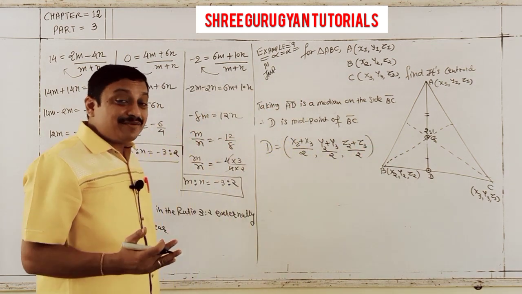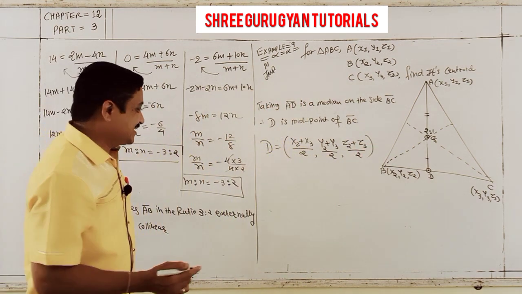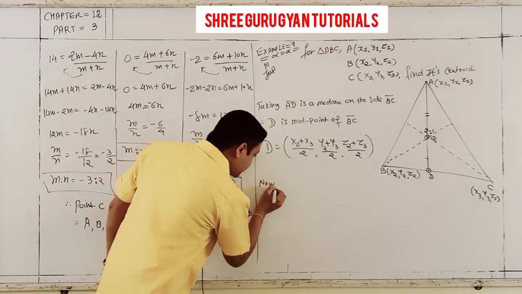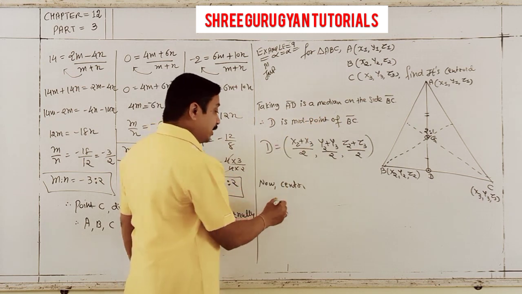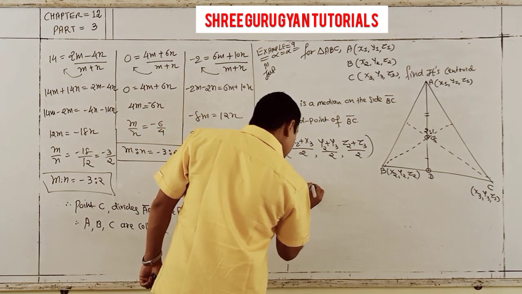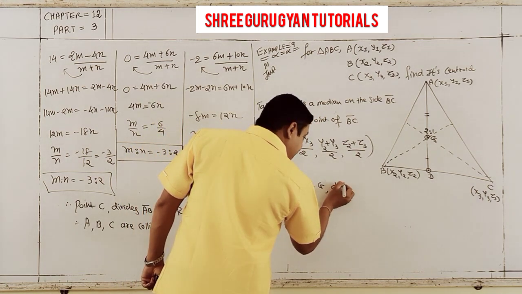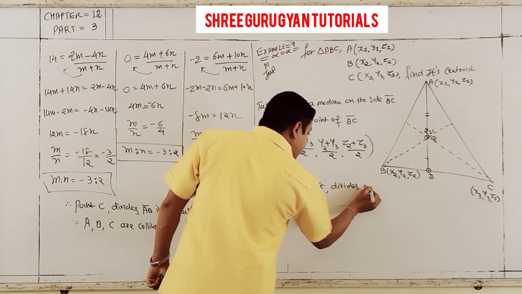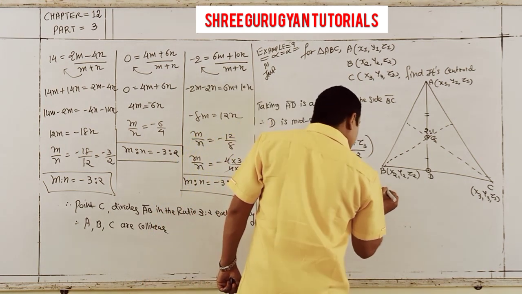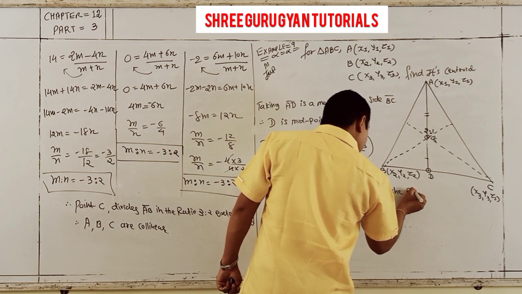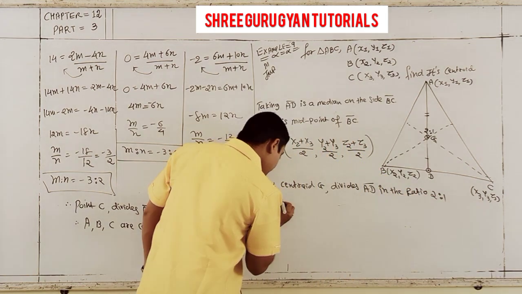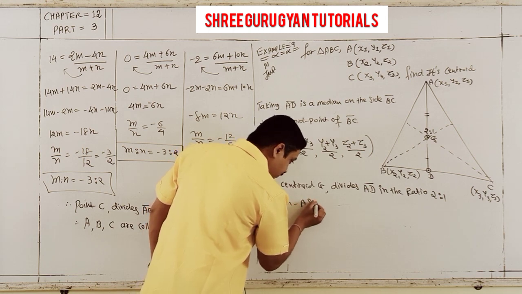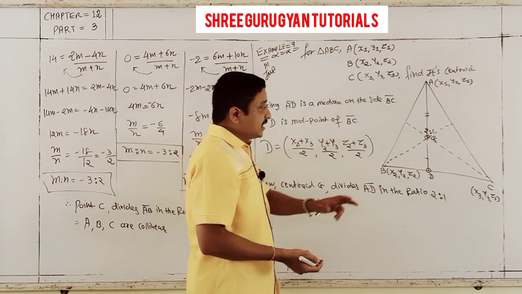And now I will go to the centroid. Yes, given that centroid G divides AD in the ratio 2:1 from the A side. Always, students, from the A side it is 2:1.